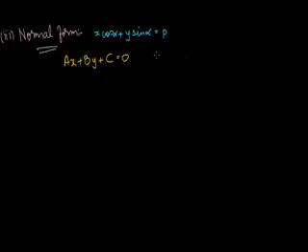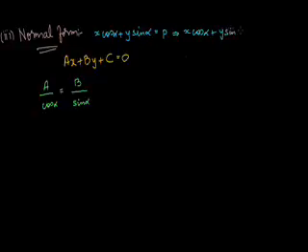Now comparing both these equations, that is the normal form of the equation and the general equation, we can say that a upon cos alpha is equal to b upon sin alpha. Converting our normal form, this can be written as x cos alpha plus y sin alpha minus p is equal to 0.